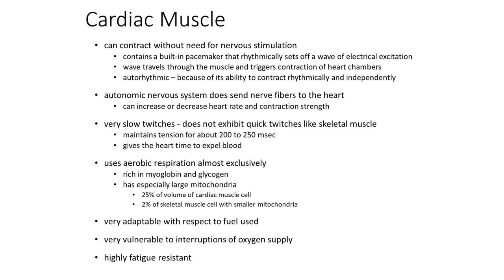It uses aerobic respiration almost exclusively because the muscle cells are rich in myoglobin and glycogen, and they have especially large mitochondria. Cardiac muscle is very adaptable with respect to the fuel that it uses, and it is very vulnerable to interruptions of oxygen supply, right? We need to continually breathe and supply our heart with that oxygen. And as we mentioned, it is highly fatigue resistant. Hopefully, it just keeps going, right?